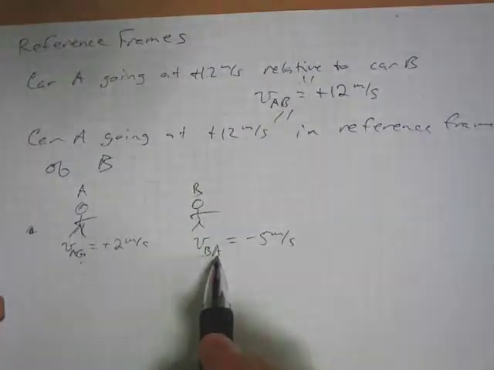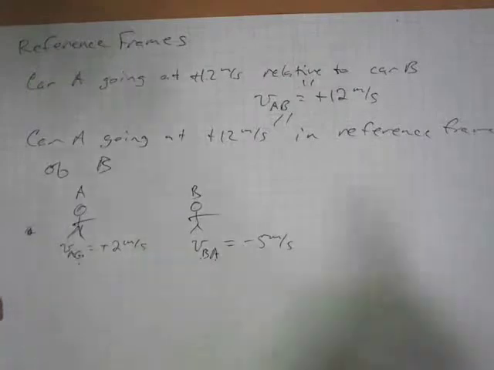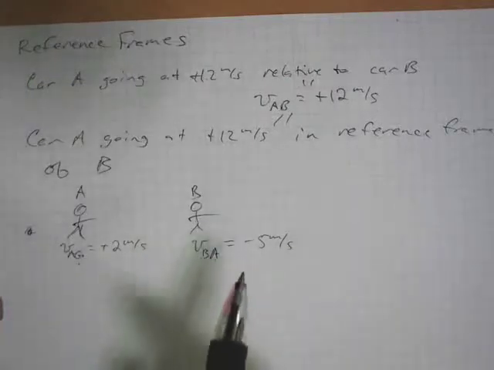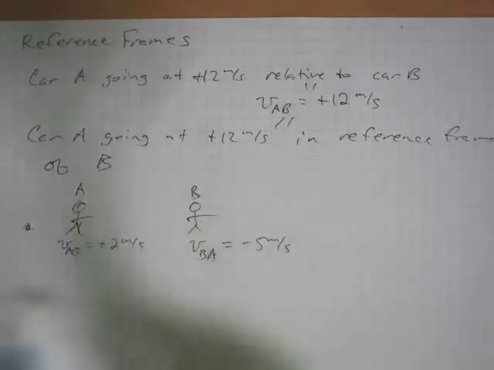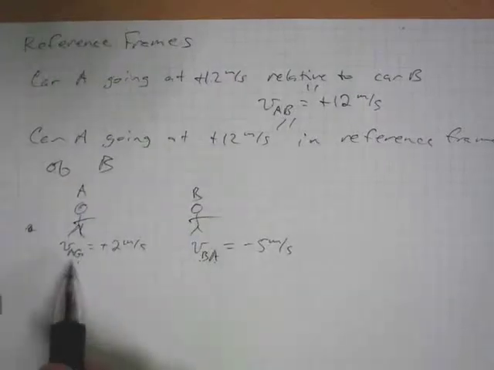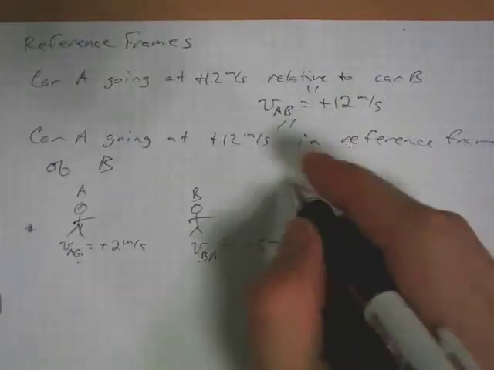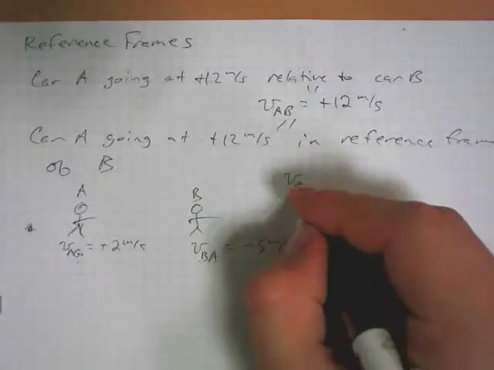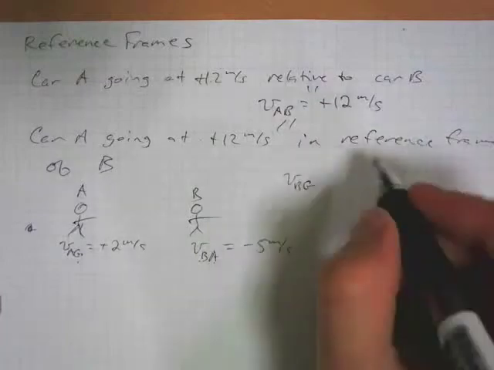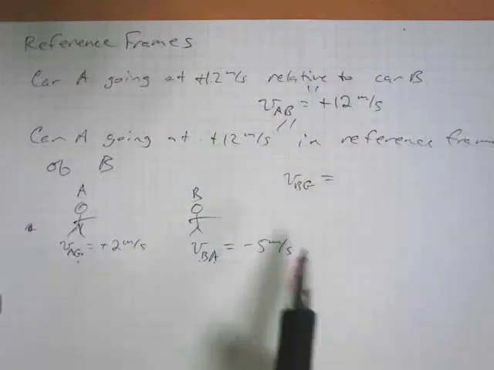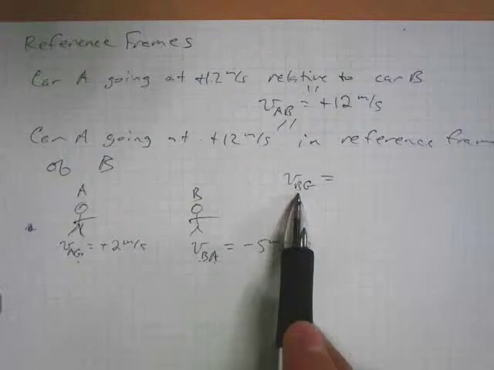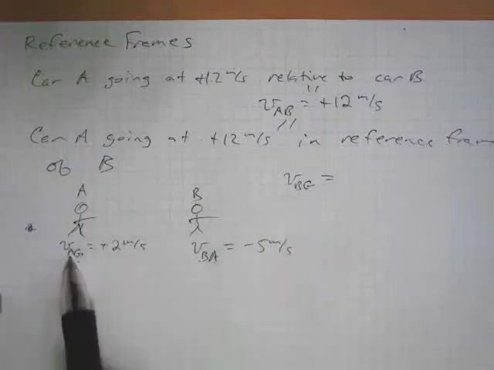Now we could use our rules and put them together. We could think of it in terms of relative velocities, but let's talk through how we would think about this in terms of reference frames. Let's say I want to find the velocity of B relative to the ground. Well, we have the velocity of A relative to the ground.